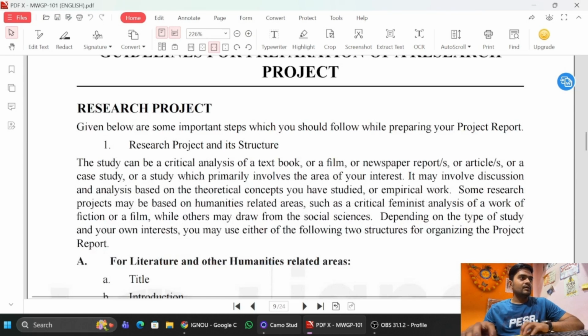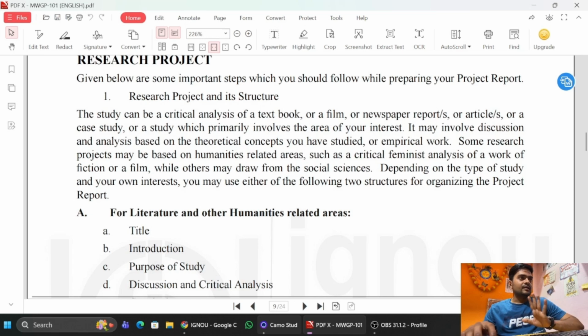Below are some important steps which you should follow while preparing your project report, research project and its structure. The study can be a critical analysis of a textbook, a film, a newspaper, reports, articles, or a case study, or a study which primarily involves an area of your interest.